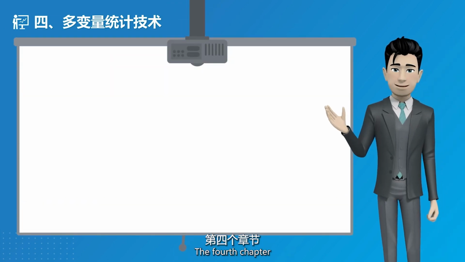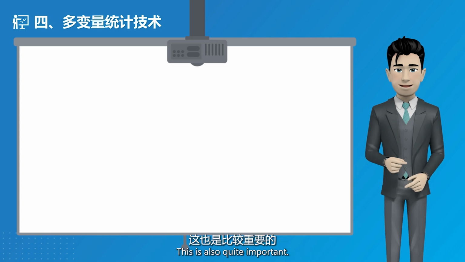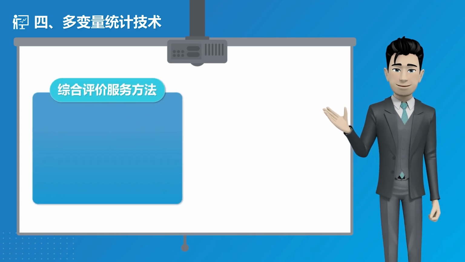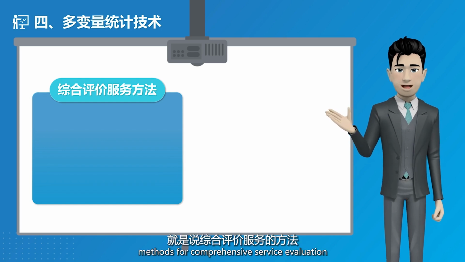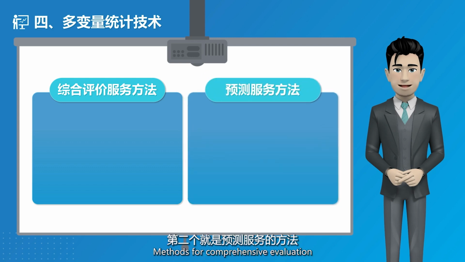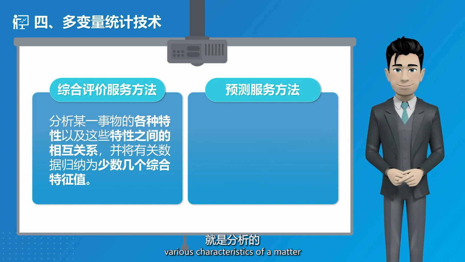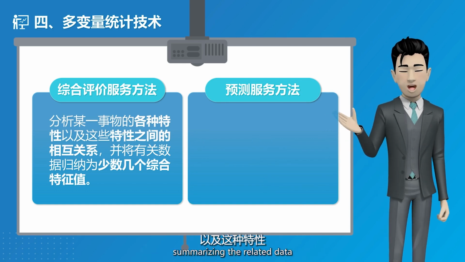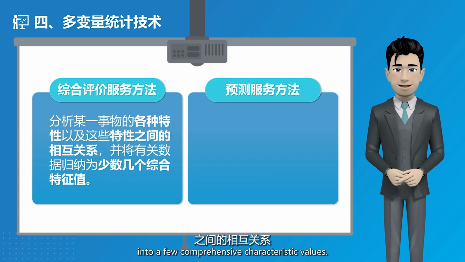The 4th chapter is about multivariate statistical techniques. This is also quite important. Here, we first need to address 2 aspects: methods for comprehensive service evaluation and methods for service prediction. Methods for comprehensive evaluation involve analyzing various characteristics of a matter and the interrelations among these characteristics, summarizing the related data into a few comprehensive characteristic values.